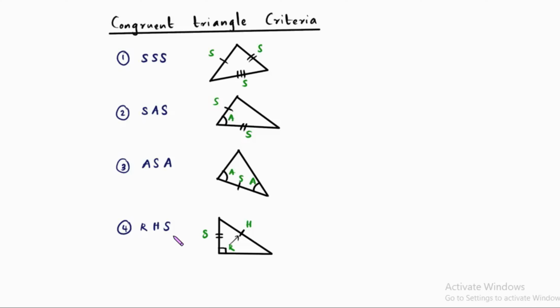Even though it can be a right-angled triangle, there will be instances when we have to apply the other criteria to prove that they are congruent. If we can prove that 2 triangles are congruent, it means that all the angles will be equal and all the matching sides, or corresponding sides, will be equal as well.